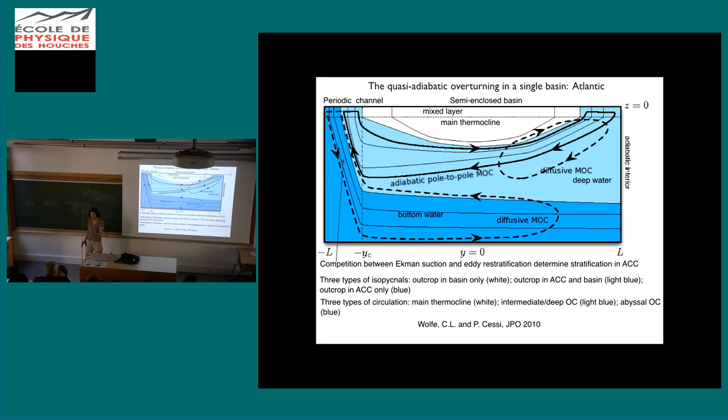And I'll show you in a second that the fact that they're so steep is due to the absence of boundaries, because you have this big Deacon cell, the Ekman-driven cell, that goes all the way to the bottom and tends to overturn isopycnals. And the eddies, the little vortices of the Southern Ocean, re-stratify somewhat, but not too much. So those density surfaces here in this periodic region are rather steep.